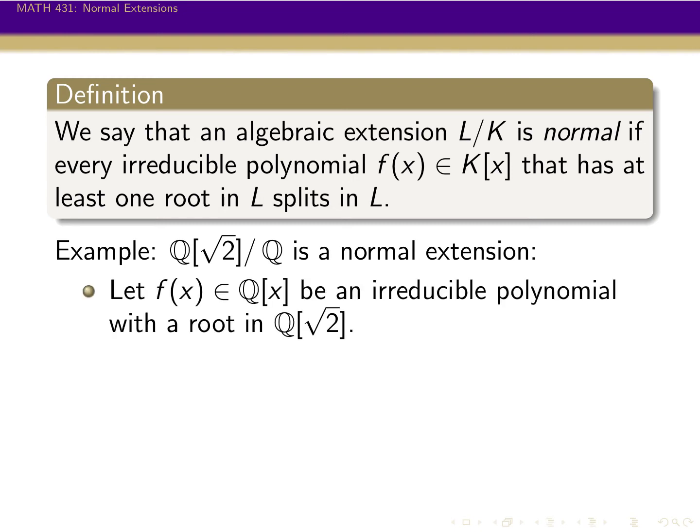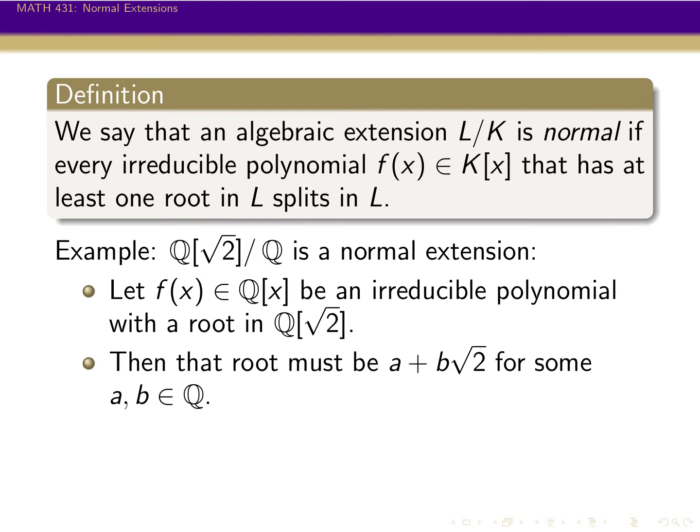And if we let f of x be some irreducible polynomial over the base field Q, and suppose that it has a root in Q adjoin square root of 2, well, since the root is in Q adjoin square root of 2, it has to look like a plus b times the square root of 2, where a and b are two rational numbers, because that's what everything in Q adjoin square root of 2 looks like. And so what we need to show is that this f of x actually splits in Q adjoin square root of 2.